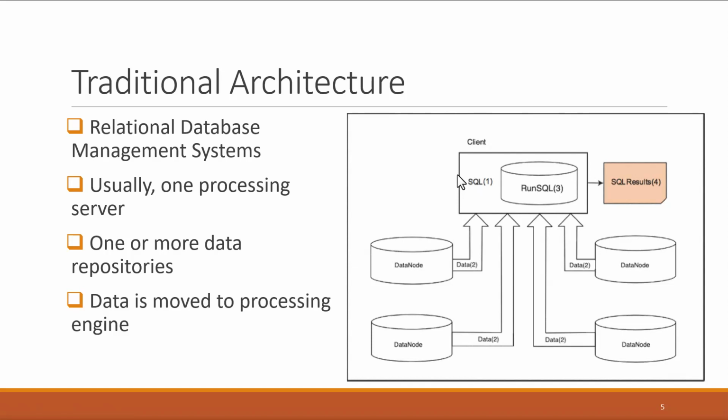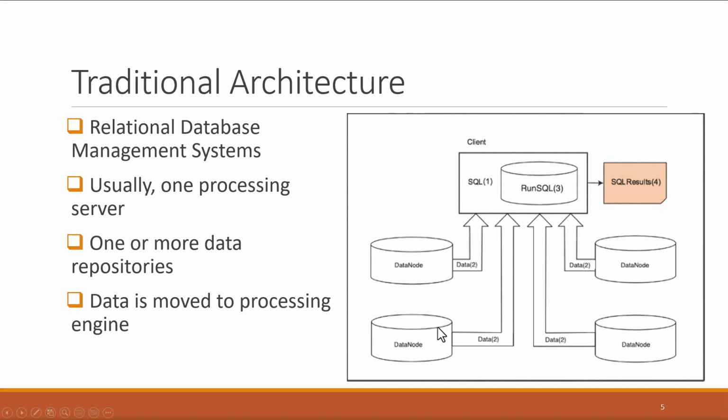This kind of model is useful if you want to do a hot fail-safe. If one of those machines goes down, you've got redundancy, that sort of thing. So it can get a little expensive and a little complicated, but it's basically just multiple processing servers that are all responsible for running code. But either way, you've got to move the data to those particular servers in order to process the data.